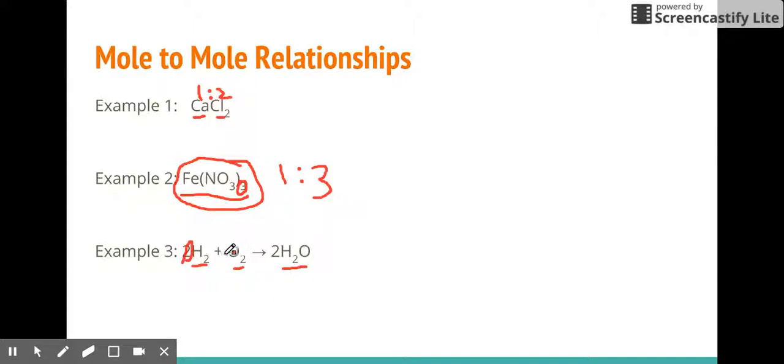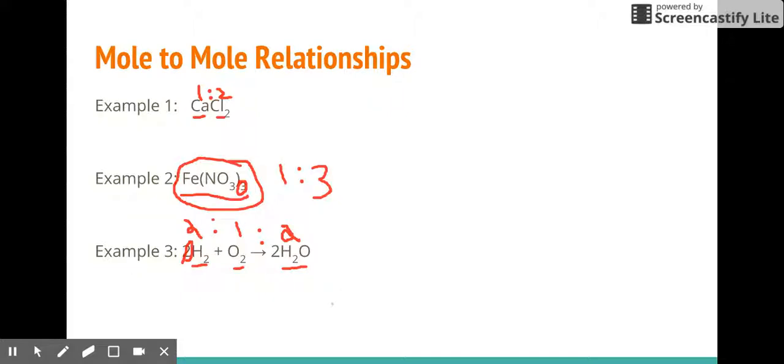So I have a 2 to 1 relationship between hydrogen and oxygen. So that's a 2 to 1 relationship. Between oxygen and water, there is a 1 to 2 relationship. And then if I want to compare water to hydrogen, it's a 2 to 2 or a 1 to 1 relationship between them.